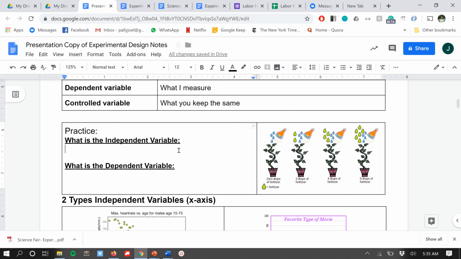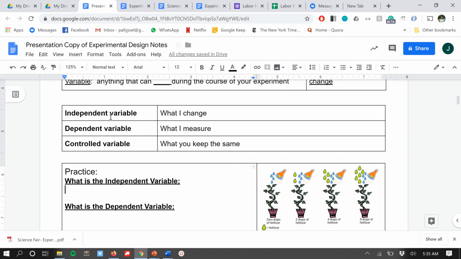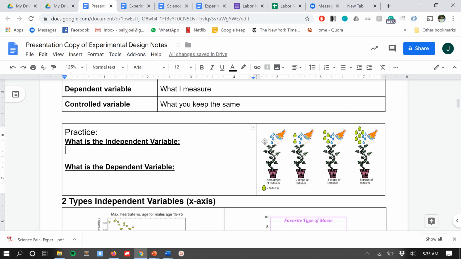Well, if we go back up here, we know the independent variable is what I change. When I look at this experiment, what's changing is the amount of fertilizer in each plant.